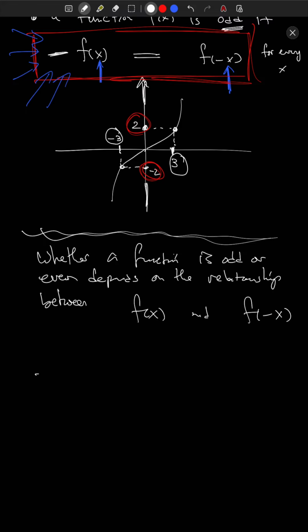Again, between the input on this side, maybe positive 3, and the input on the other side, which is negative 3. Or the input on this side, 1/2, versus the input on the other side, minus 1/2. Or the input on this side, 10, versus the input on the other side, minus 10. And if the relationship is that they're equal always for every single input x, then it's even. If the relationship is that they're negatives of each other always, then it's odd.